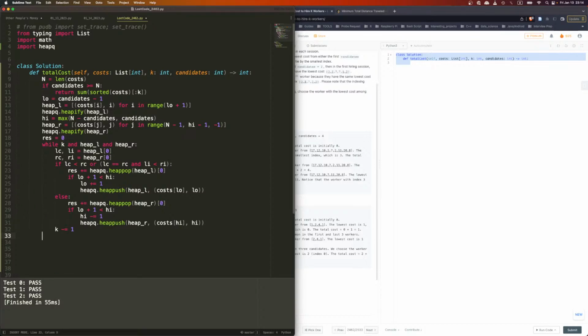Once we get out, we can say while k and heap L, whichever has stuff left, we just do rest plus equal to this, and then do the same thing here for R. Then we return rest.